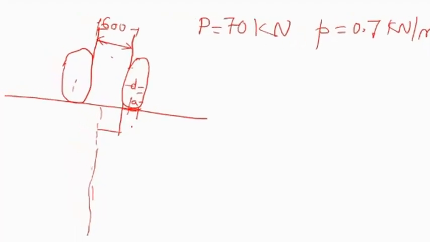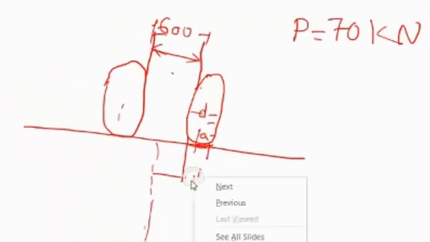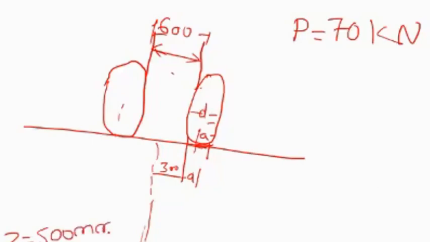We require this small a to calculate this distance. This is nothing but 300 plus a, that is the distance between the center of loading, the axis of loading, and the point where the load is applied. And Z he has given. At what depth is he asking us to calculate? He is asking us to calculate at 500 mm, that is nothing but 0.5 meters.